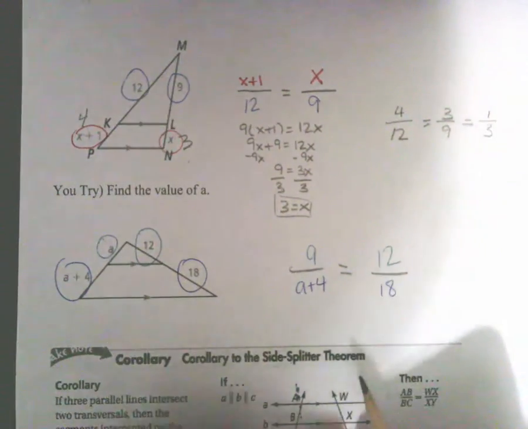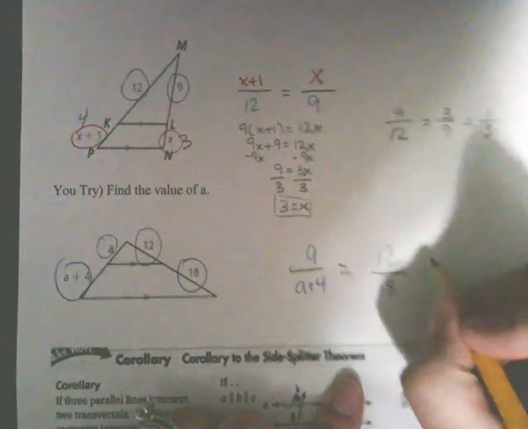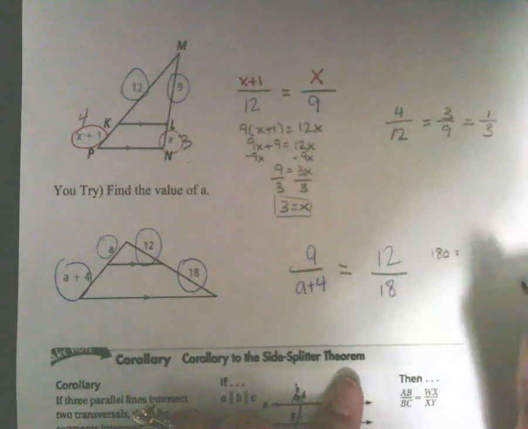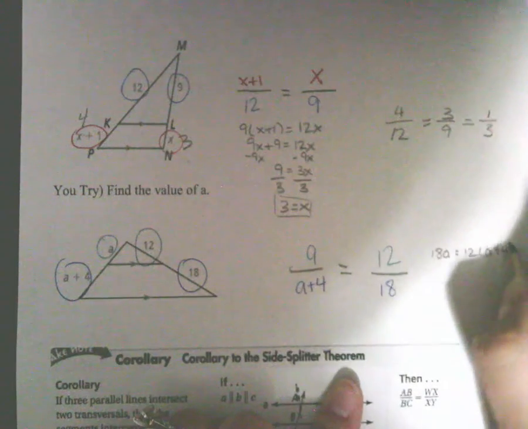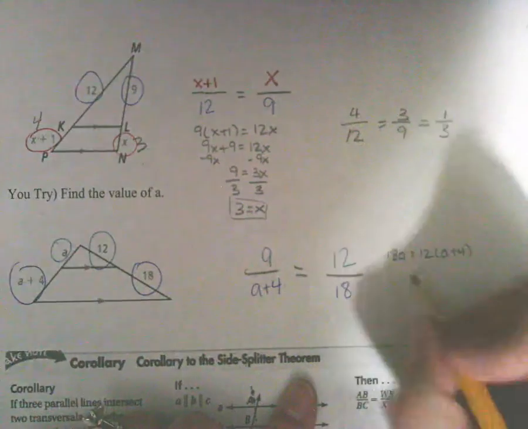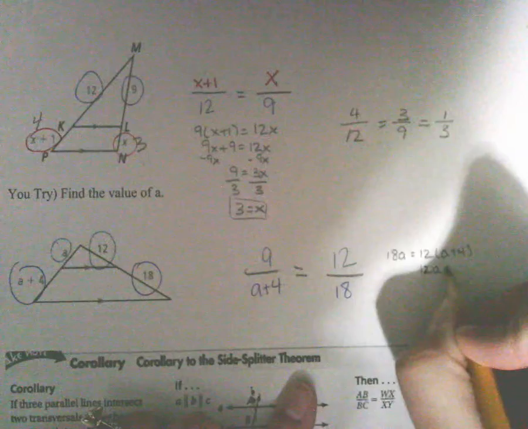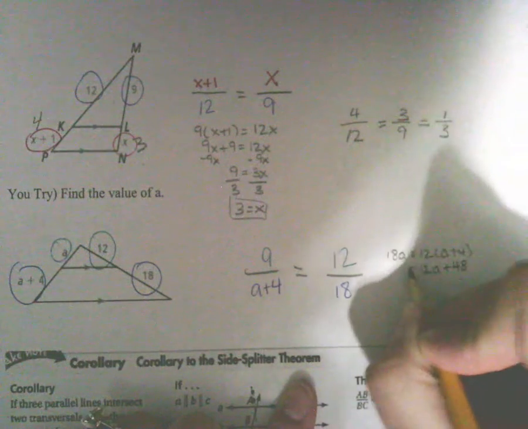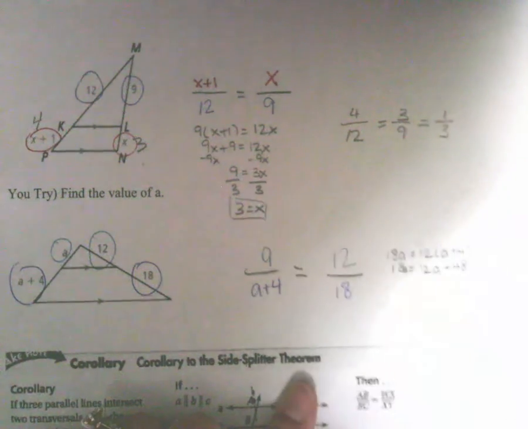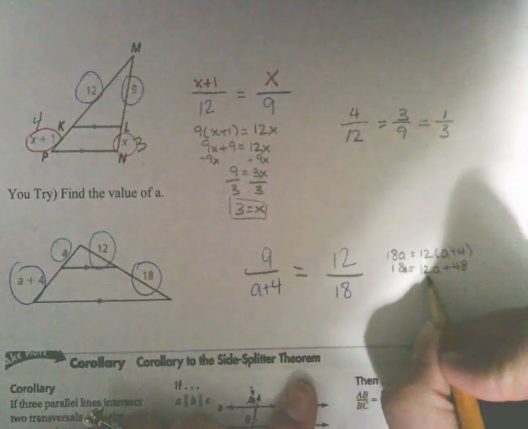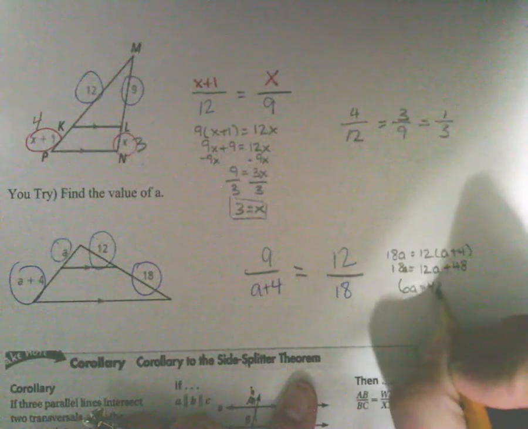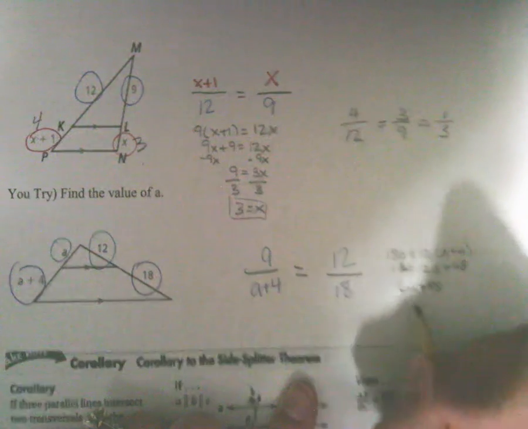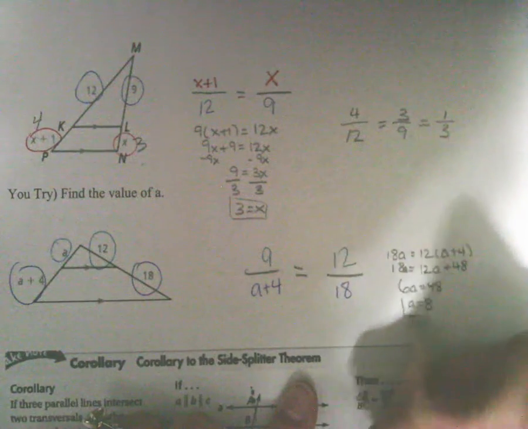Then if we cross multiply, A times 18 is 18A. 12 times A plus 4, let's distribute and get 12A plus 48. And then subtract 12A, so that gives me 6A. If we divide by 6, we get A equals 8.